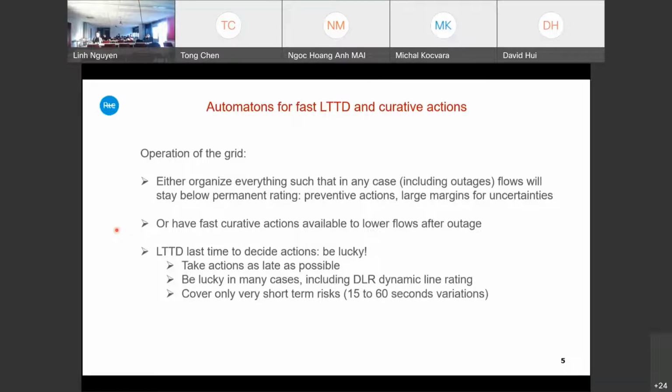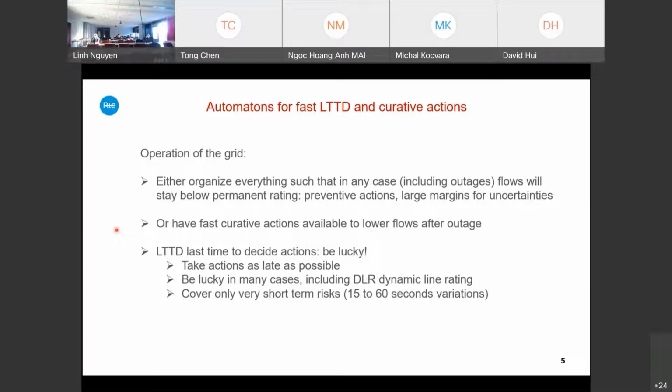After a fault somewhere in an equipment, this equipment is not available anymore, and then it may create overloads on neighboring equipment. Taking fast actions then is named curative. After a problem, we cure the problem with a curative action, which has to be taken very fast, within a few minutes.